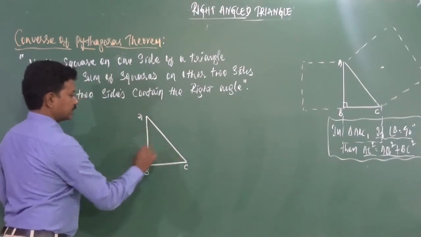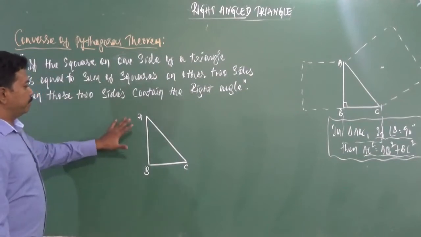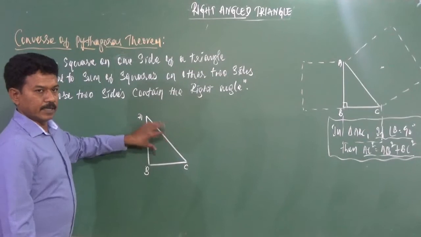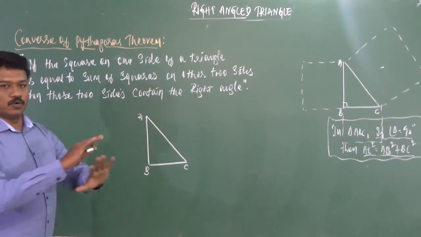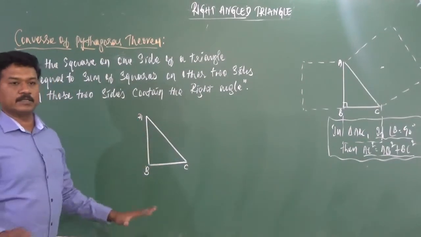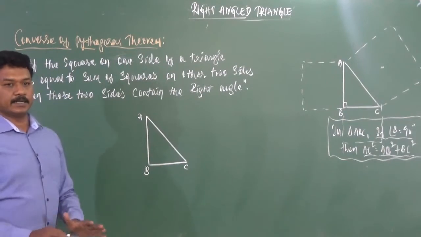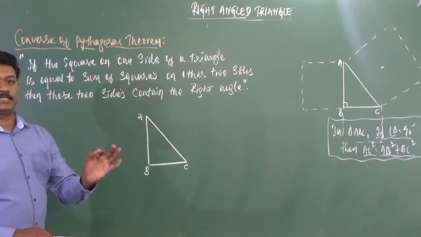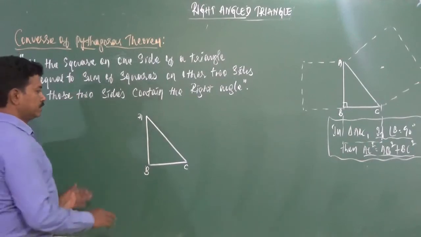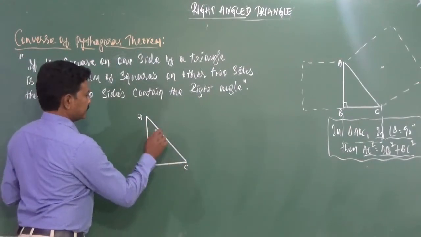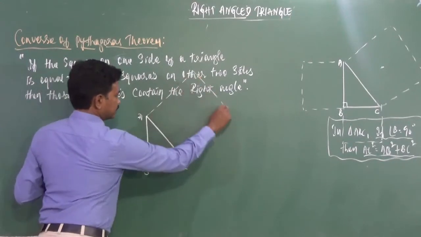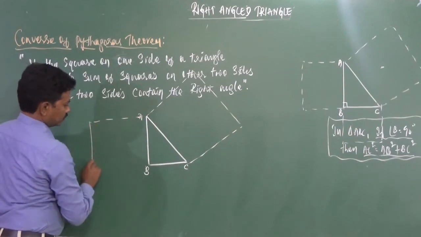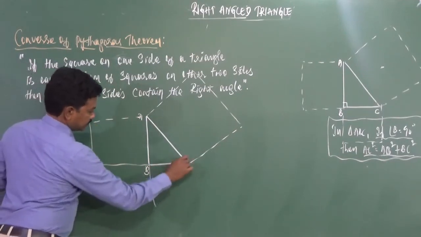If I build a square on the longest side of this triangle, I will never mention that the triangle is a right angle triangle. I just have a triangle and I have identified one of the sides as the longest one, AC. I build a square on this longest side of the triangle, and I build squares on the other two sides, right?